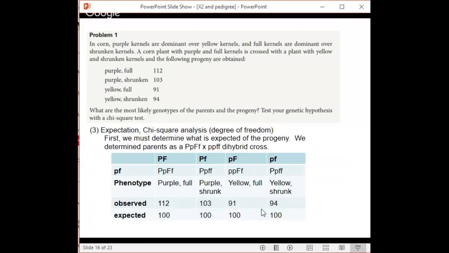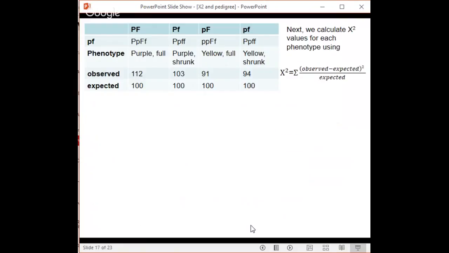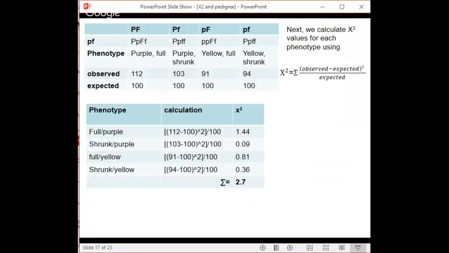And these are our observed values that we were given up here. We have 4 phenotypes, and we should expect a 1-to-1 ratio. That means that we should expect a quarter of each of these, so 100 for each of these traits. So next we need to calculate our chi-square values for each phenotype using our chi-square equation.